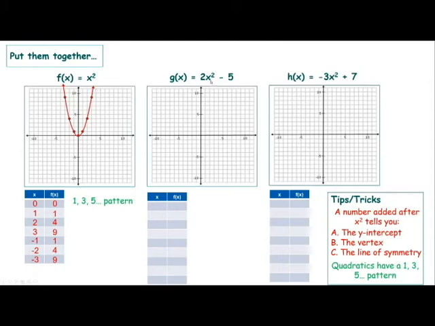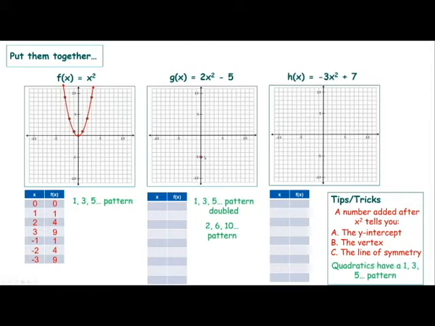If I give you a function like this, 2x squared minus 5, I know this minus 5 is going to move that vertex down 5 spaces. And when I look and see what's in front of my x squared, that tells me that instead of growing 1, 3, 5, I'm going to double that. I'm going to grow 2, 6, 10.